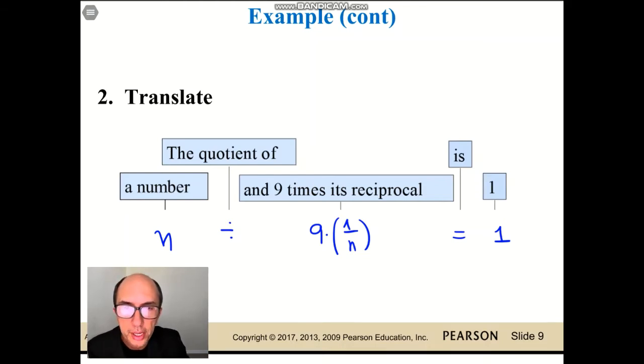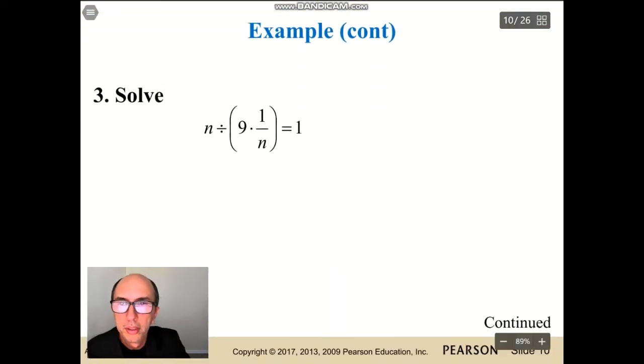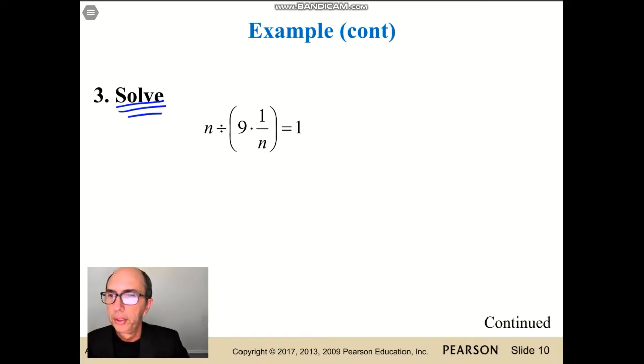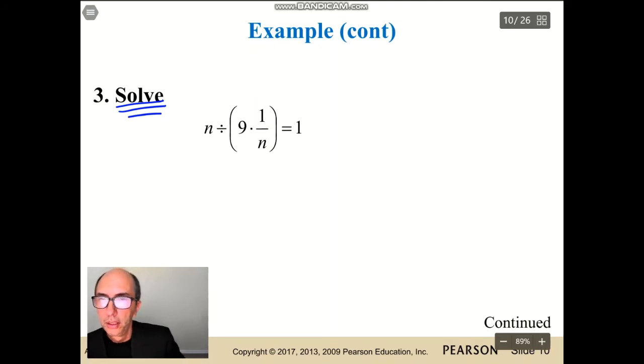And now we have an equation representing this word problem, which will be this one, right? If we have an equation, we can solve it. So let's solve. The first step, let's simplify here, because 9 times 1 over n is the same thing as 9 over n, right?